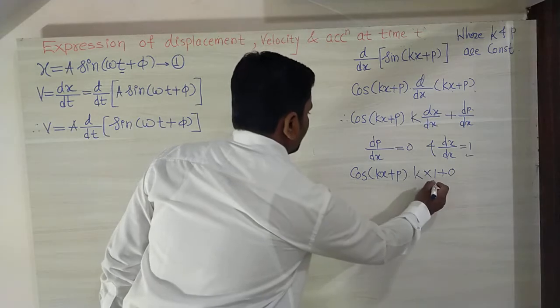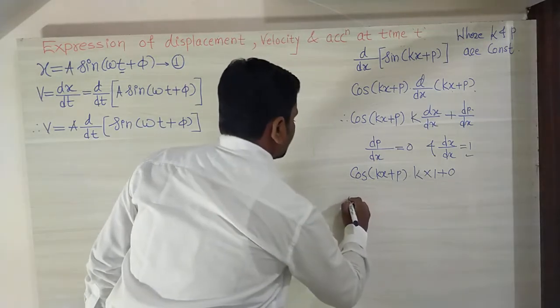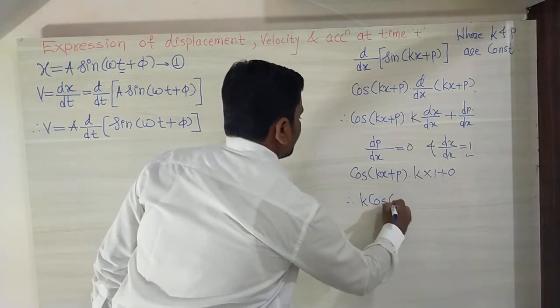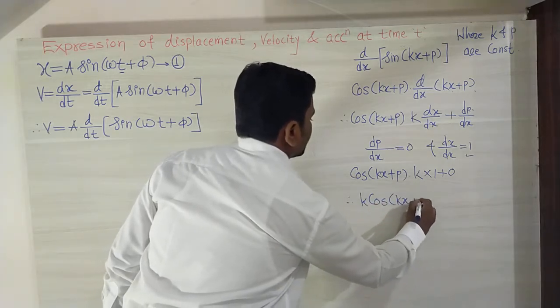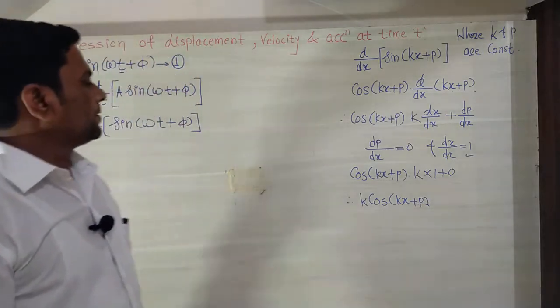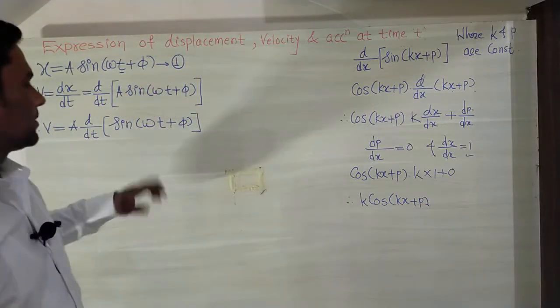So that is k into 1, that is k. So we are getting k cos of kx plus p. By using this rule, we are finding the derivative.